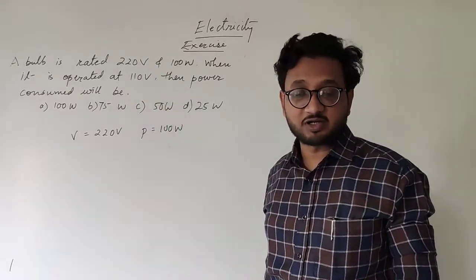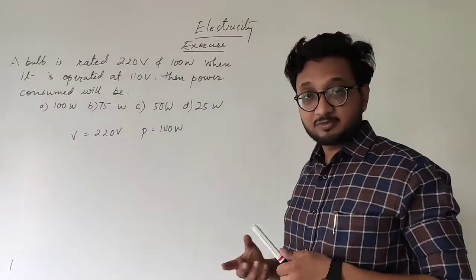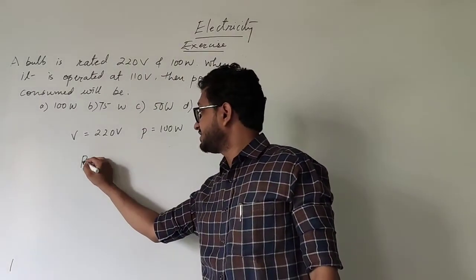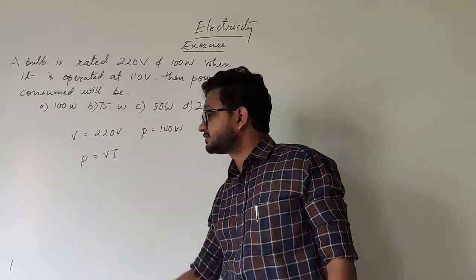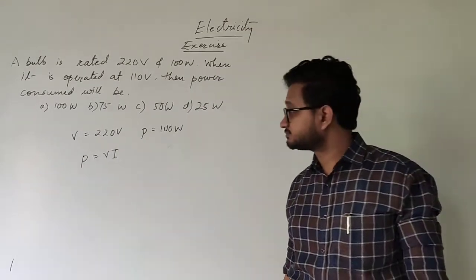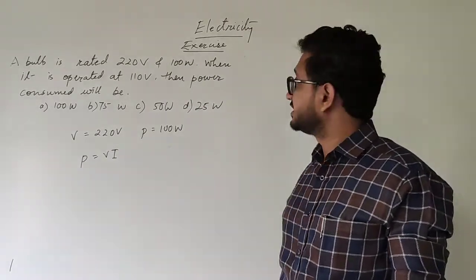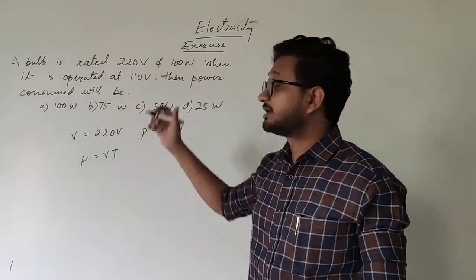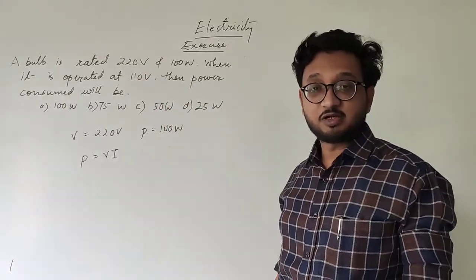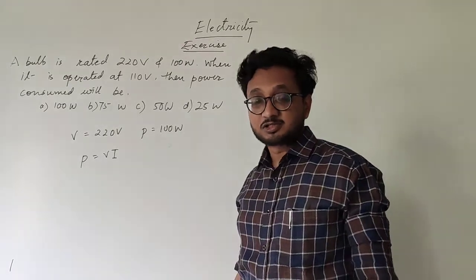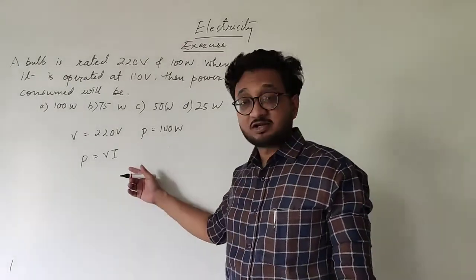To find the power, you need to apply the formula P is equal to VI, the most basic formula for power. One thing that you see over here is we have not been given the current. The value of current has not been given. So what do you do? You find resistance.